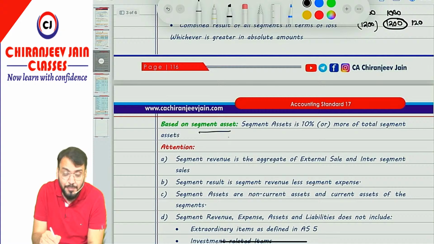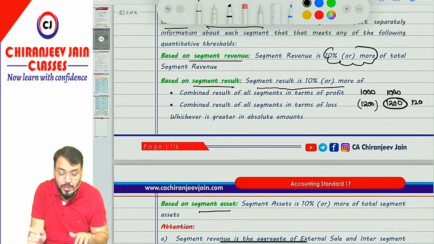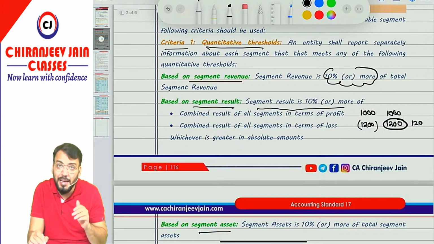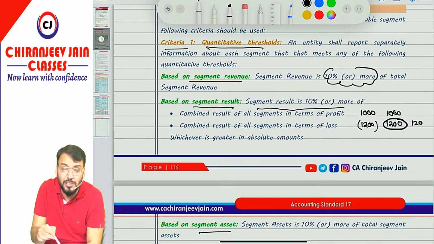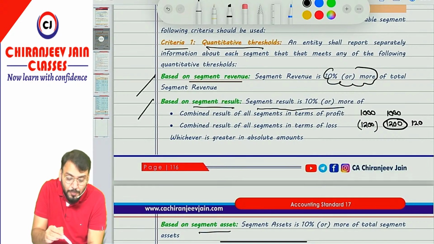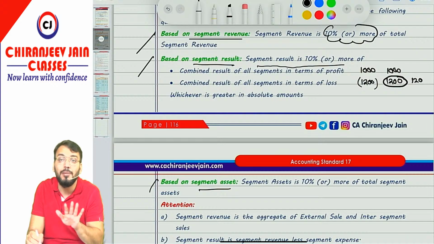Then segment asset: for any segment, if the segment asset is 10% or more of total segment asset, that will also be reportable. So the quantitative threshold is based on three particular points: segment revenue, segment result, and segment asset. If any one of these is satisfied, that segment will become a reportable segment.